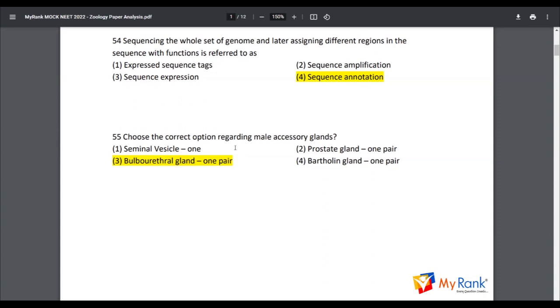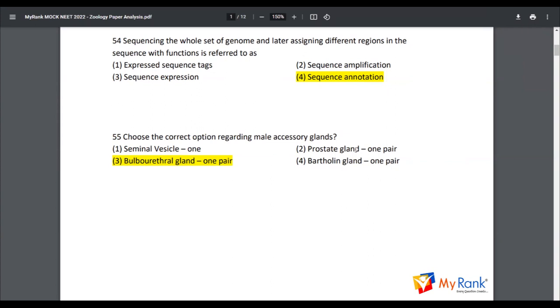Choose the correct option regarding male accessory glands. Question number 55. Option 1 states that seminal vesicles are 1 in number, which is false. Males have 1 pair of seminal vesicles. Option 2 states that prostate gland is 1 pair, which is false. Prostate gland is a single gland.